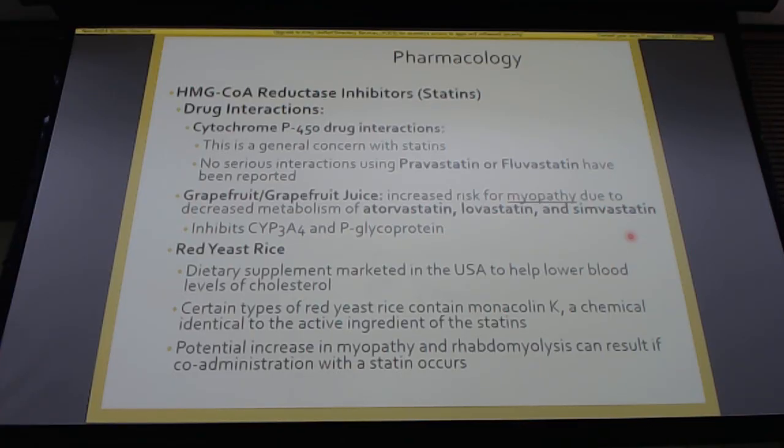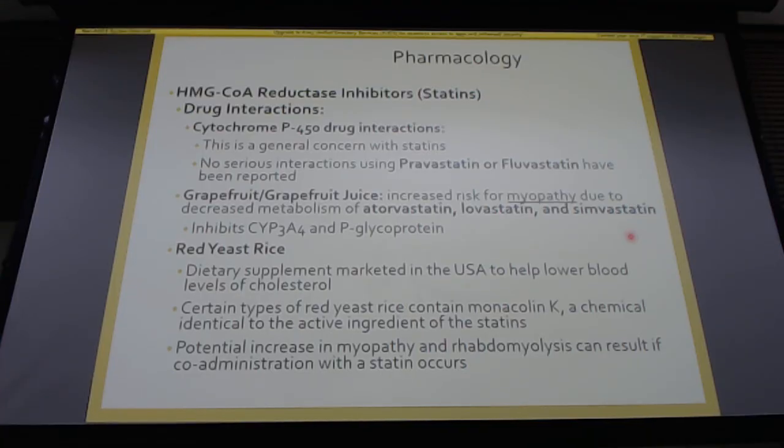So just make sure that you're watching out for this, because there are interactions whenever we're looking at our red yeast rice with our statin medications. Again, just more side effects with the muscle pains, right? So more rhabdo, more myopathies that could occur if they're doing the red yeast rice with a statin, right? So those are three things that we have.